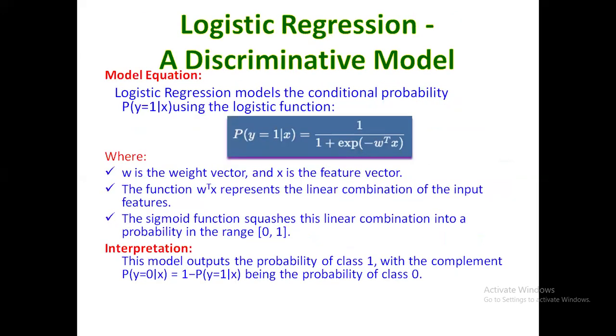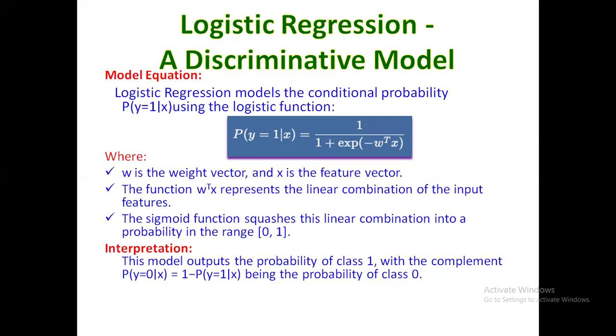Next, logistic regression, which is a discriminative model. This is the model equation. Logistic regression is one of the most fundamental probabilistic discriminative models used for binary classification. So logistic regression is mainly used for classifying binary variables.